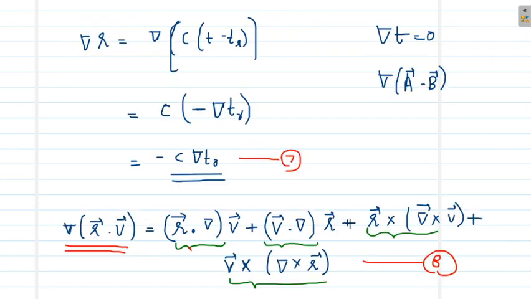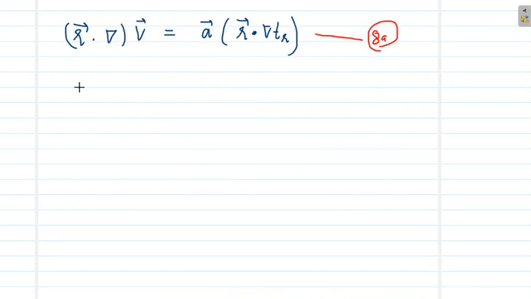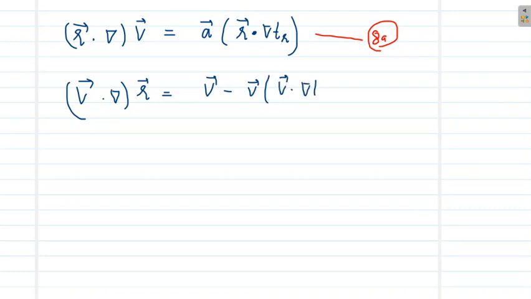Now the second term is v bar dot del of r bar. It is equal to v bar minus v bar into v bar dot del tr. So this is our equation number 8b.